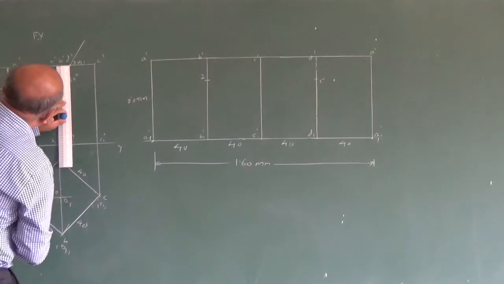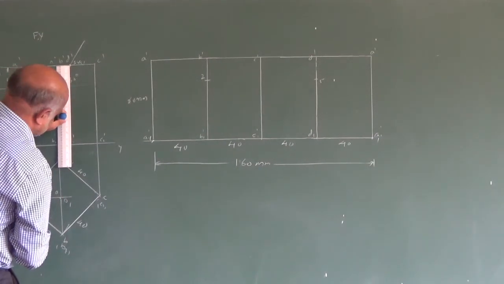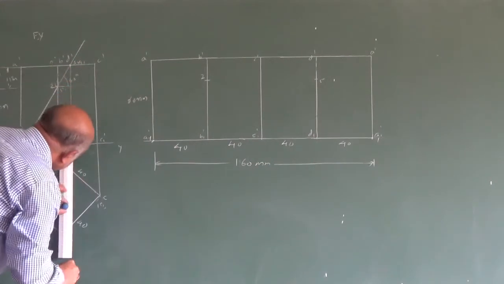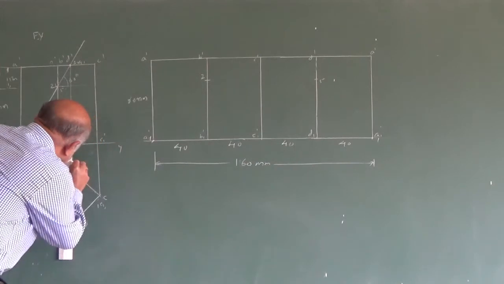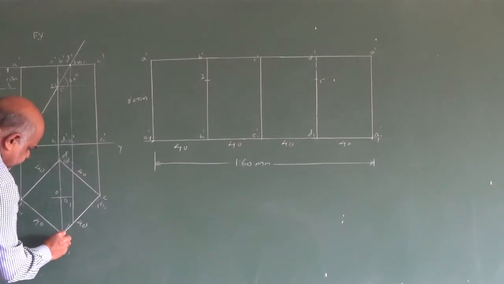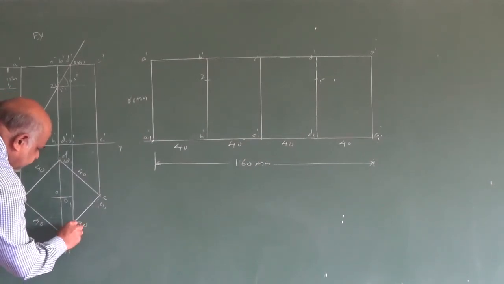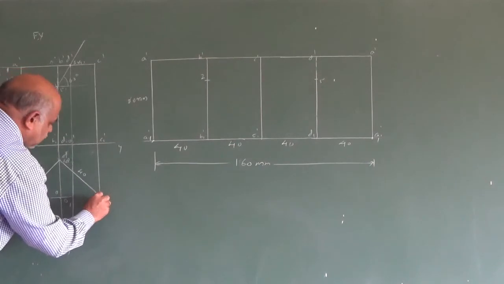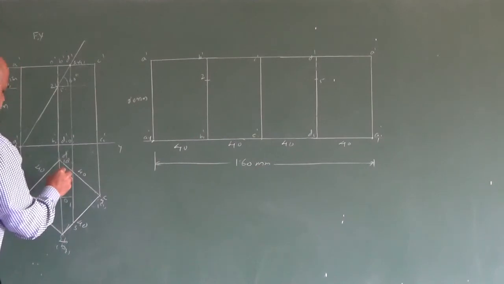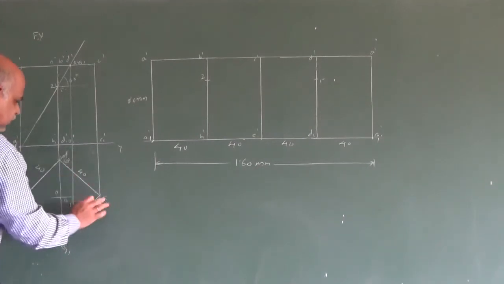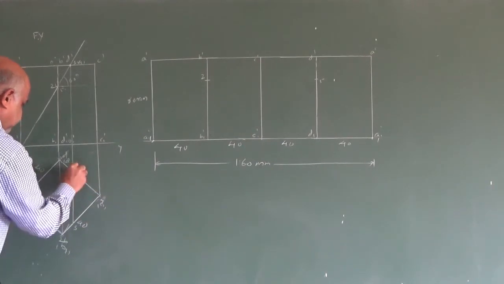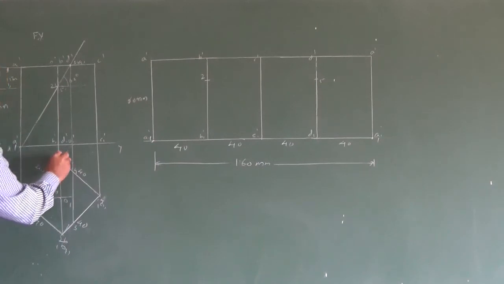If you project it downwards, if you draw the projection, this is 1, this is 2, this is 3, this is 4, sorry, this is 1, 2, 3, 4, this is 5, and this is once again 1.